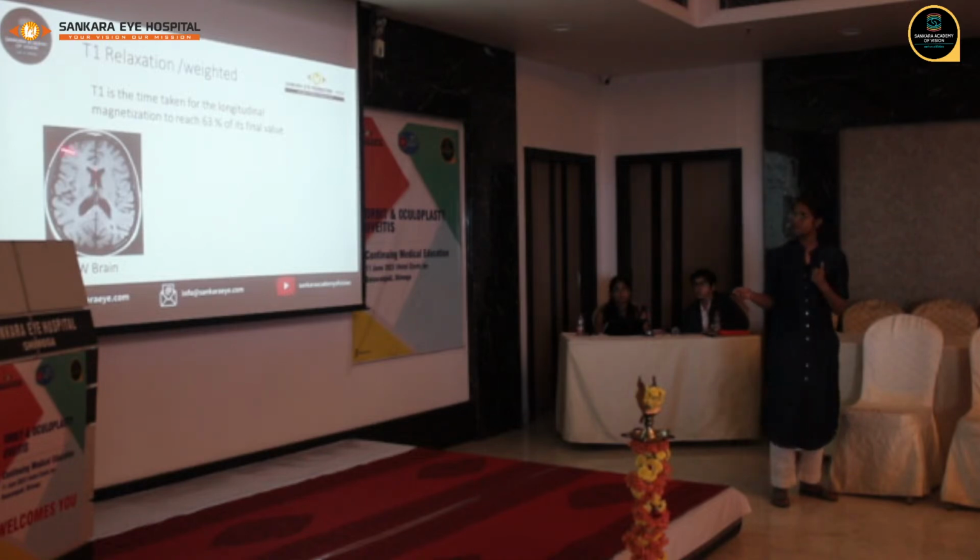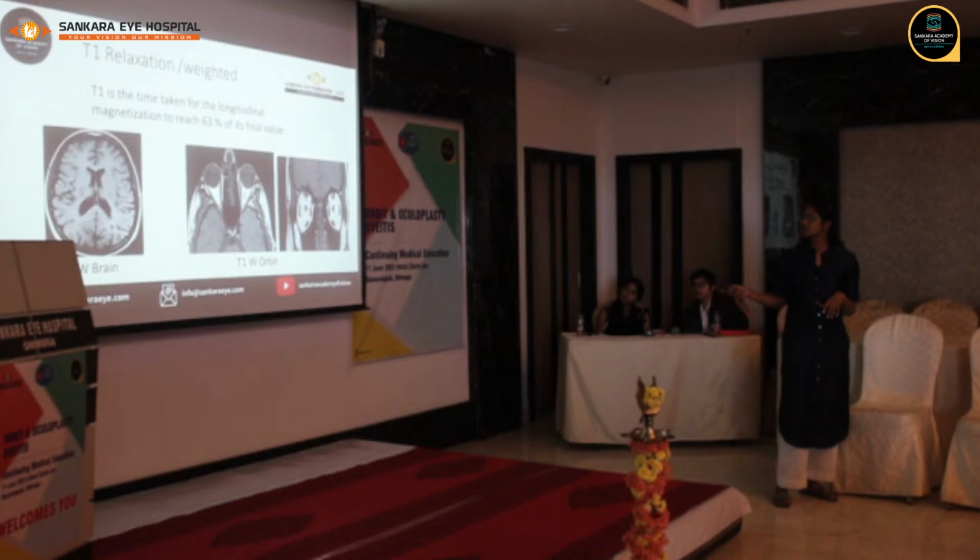The gray matter has an intermediate T1, so it appears gray. Similarly, in the orbit in T1, because it is water and has a long T1, it appears black. Whereas fat has more bound protons, so it relaxes quickly. The recovery of longitudinal magnetization takes a short time, so it appears white.